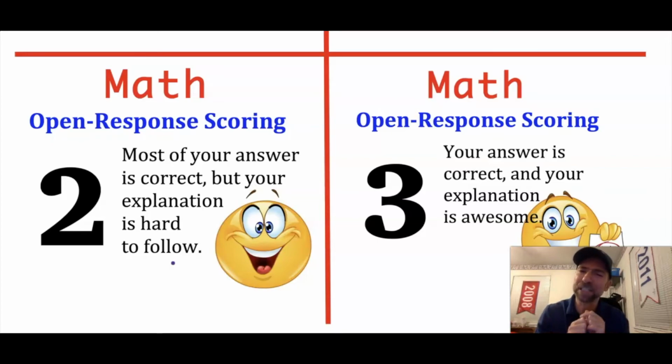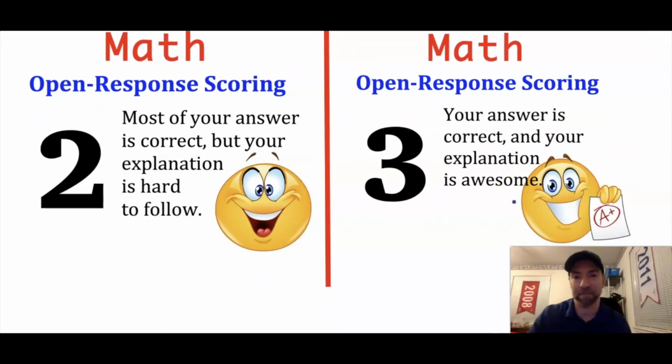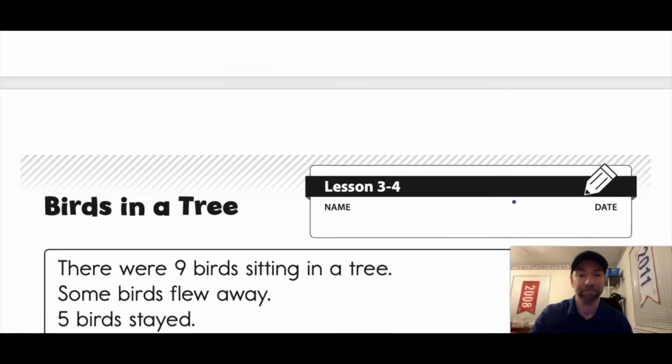I don't quite understand it. And then you can score a 3 if your answer is correct and your explanation is awesome. In first grade, many students will score a 2. And every once in a while, we get a student who scores a 3.